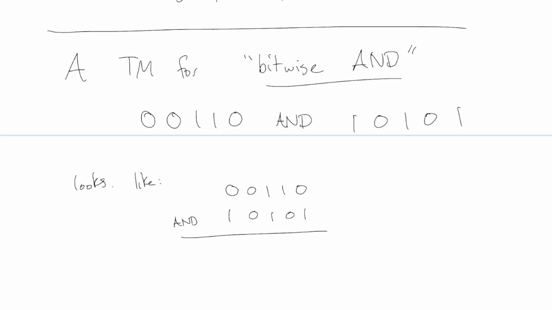It's like you're adding them together, but I'm adding them using the operation AND, from the AND operator in logic, interpreting 0 as a false and 1 as a true. So 0 and 1 is 0. When I'm doing AND, the answer is only 1 if both inputs are 1, and it's 0 otherwise. So this is a 0, this is a 1, this is a 0, this is a 0. All right? So that's the operation that I want to make my Turing machine do.